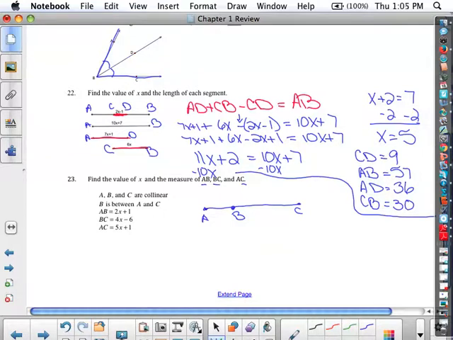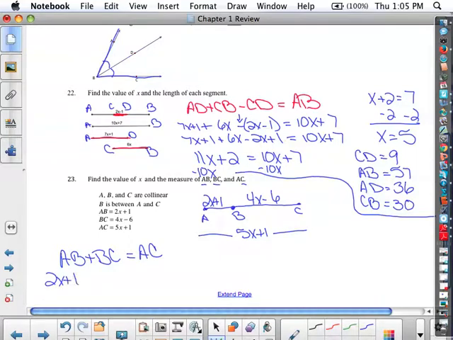All I know is B is between A and C. AB is 2x plus 1, BC is 4x minus 6, and AC is 5x plus 1. This is segment addition. AB plus BC is equal to AC.